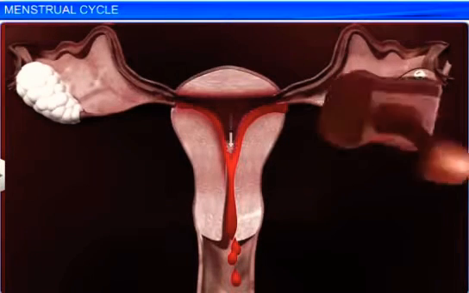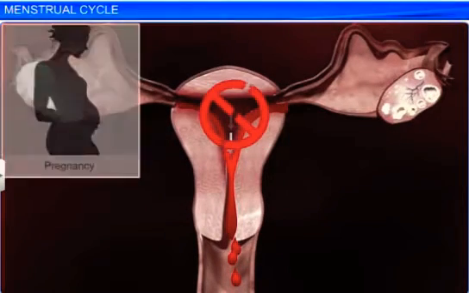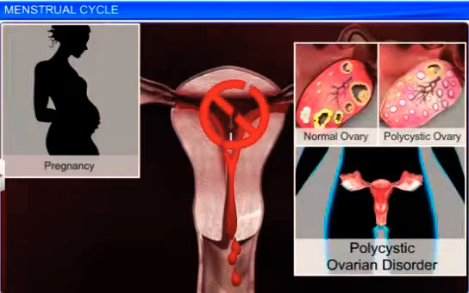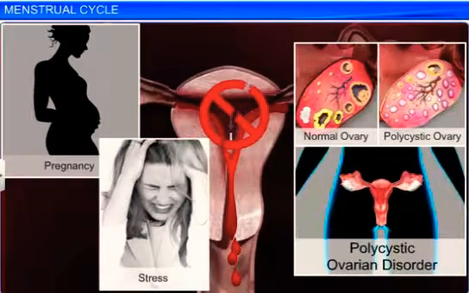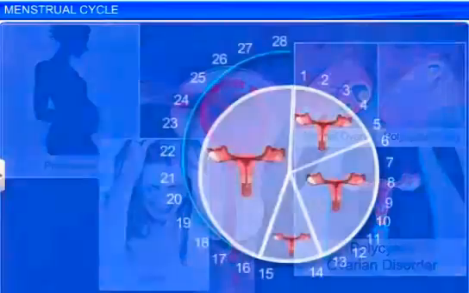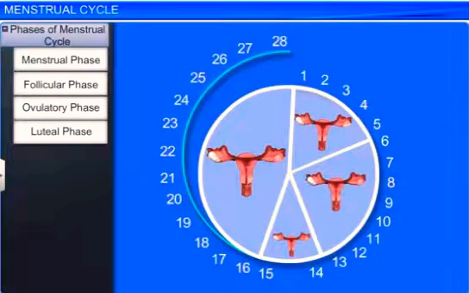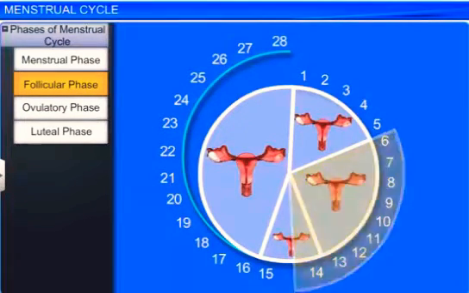Interestingly, the absence of menstruation indicates pregnancy or ovarian disorders such as polycystic ovarian disorder, or even factors such as stress and ill health. The menstrual phase is followed by the follicular phase, which occurs between days 6 and 14 of the menstrual cycle.